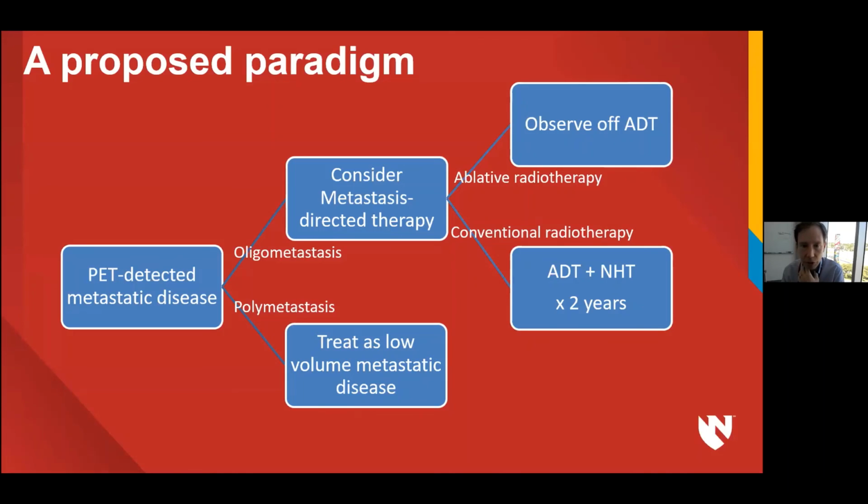The next question for me is what types of techniques are going to be used. If ablative techniques, surgical or stereotactic radiotherapy, are going to be used, where the rates of local control are high, there's really no need for a radiosensitizer. It's been my practice, similar to the STOMP trial, to observe these patients off ADT.